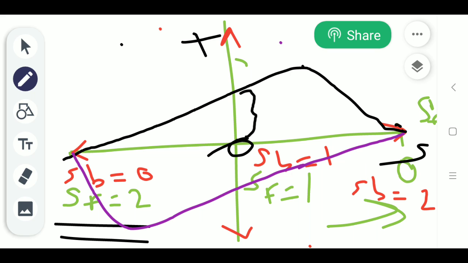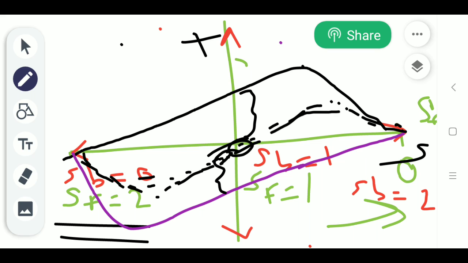So this and this value are equal. They are opposite, so adding up to get 0 value. If you want to draw a resultant curve, it will be something like this. Summing the black and the purple curves, you will get something like this broken line. I'll make it a little bit thicker, so it's very clear to you. So this resultant, the middle curve, is the resultant of these two fluxes.